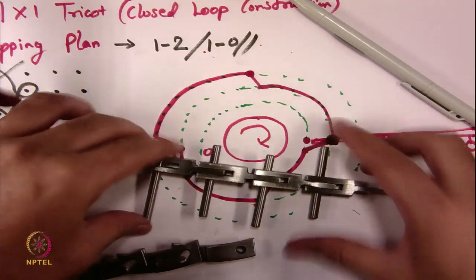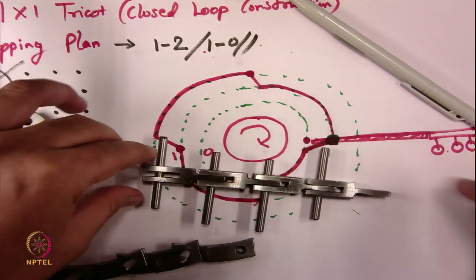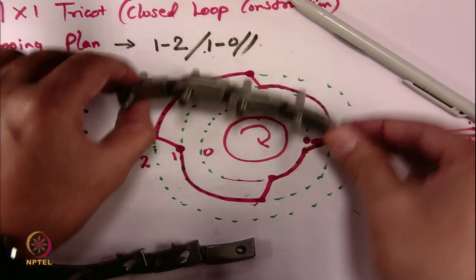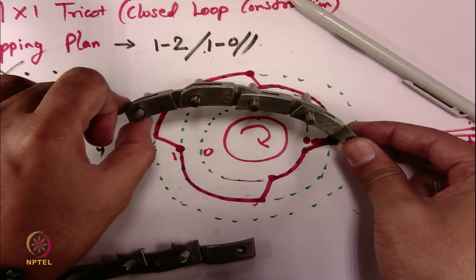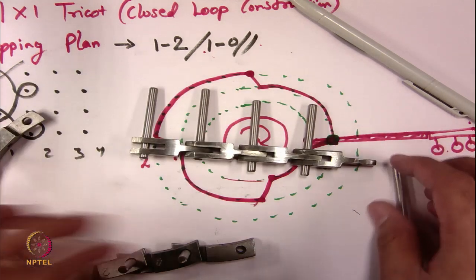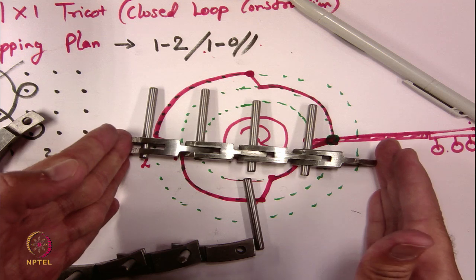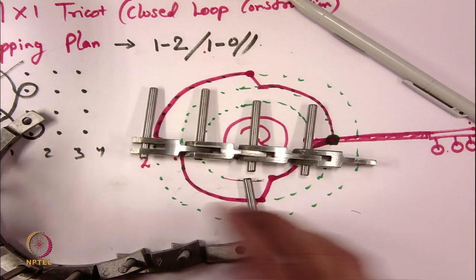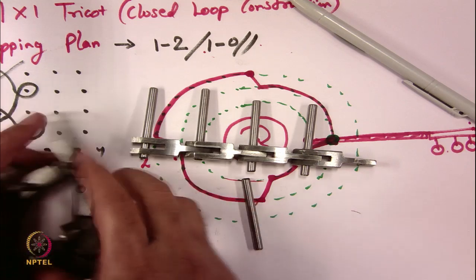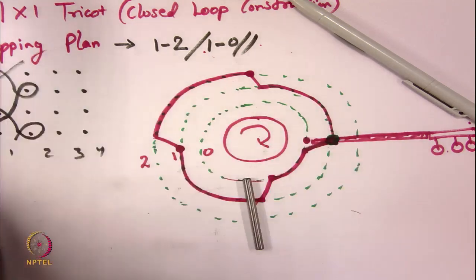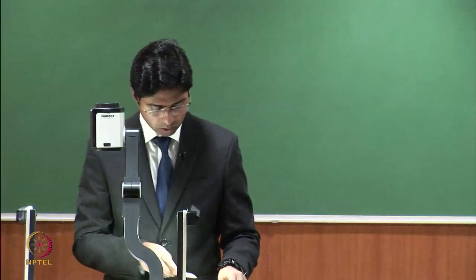So, this is how you can follow the sequence of chain. You can clearly see there is an elevation and depression, and once this is done you can fix this sequence of chain links on the drum to get this particular fabric. Okay. So, this is one simple example for 1 cross 1 tricot.